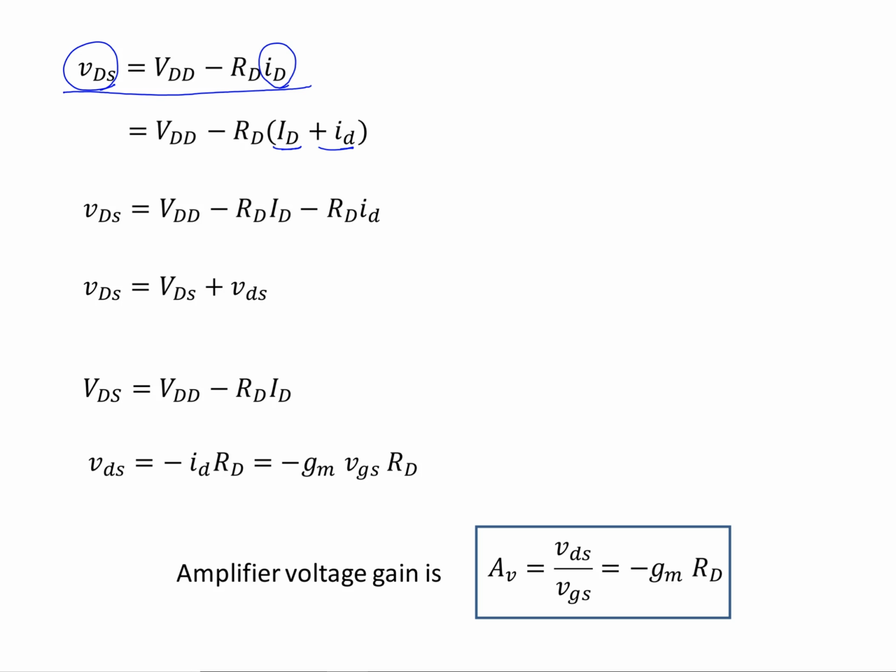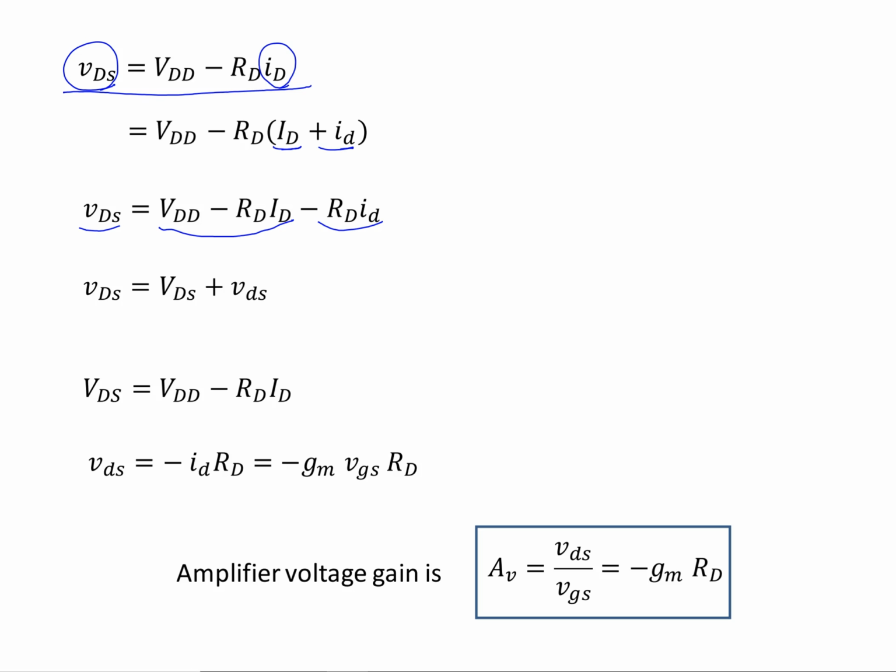Now I'm going to plug these two into this ID equation, and now I have VDS, the instantaneous drain to source voltage, equal to VDD minus RD times ID, this is the DC part, minus RD multiplied by the AC drain current.